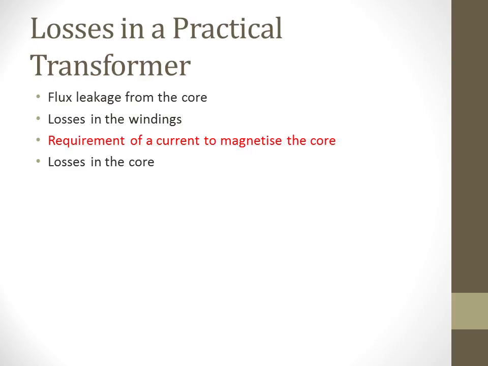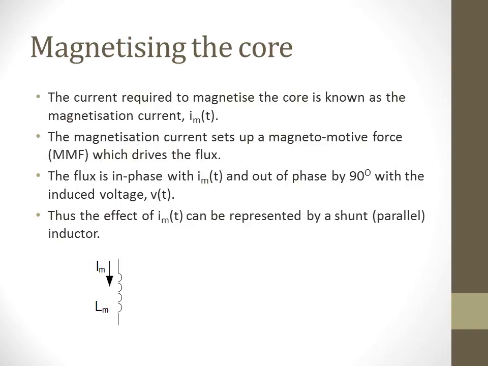Next, we will look at the magnetizing current. Even when there is no load connected to the secondary side of a transformer, it still takes in some current. Part of this current goes to magnetize the core and is known as the magnetizing current.